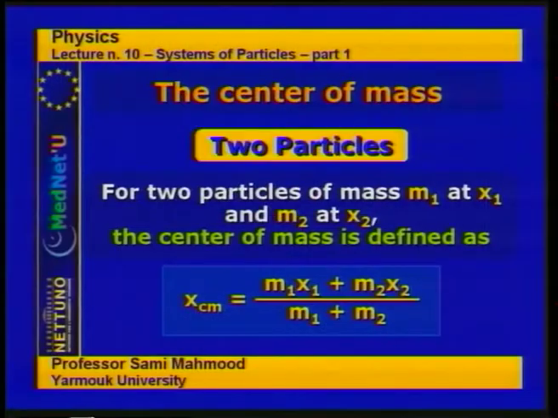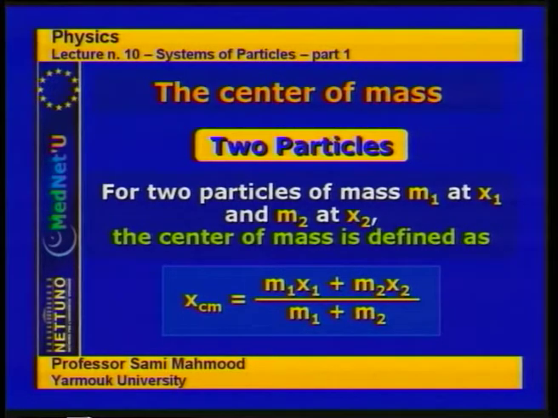If we take, for example, x1 as 0, meaning we define our origin to be at the position of the first particle, m1, then substituting in the formula, we'll find that x center of mass is simply m2 over m1 plus m2 times x2, where x2 is the distance of the second particle from the first particle.